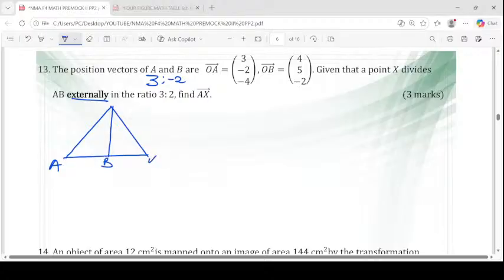My X divides externally at this particular point. This is my O. Have I done it well? I'm not happy with how I've done it.